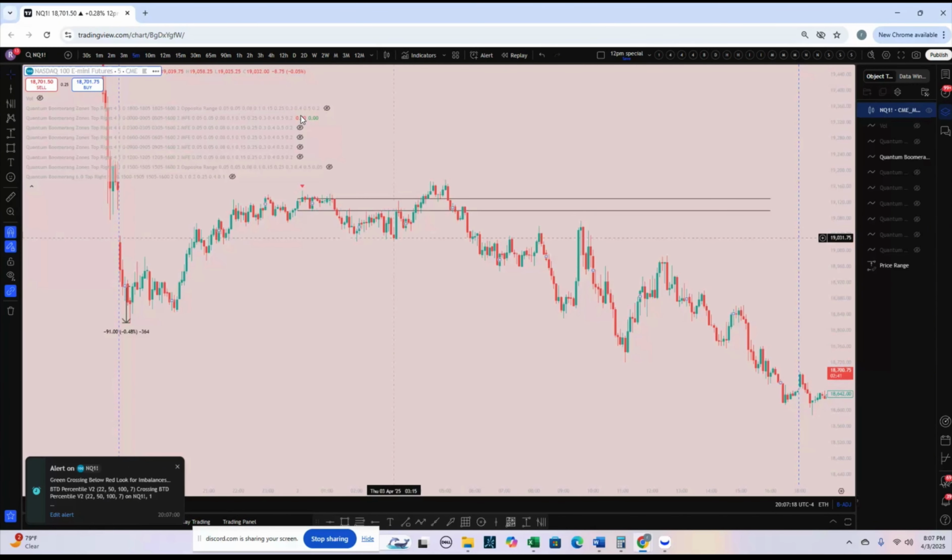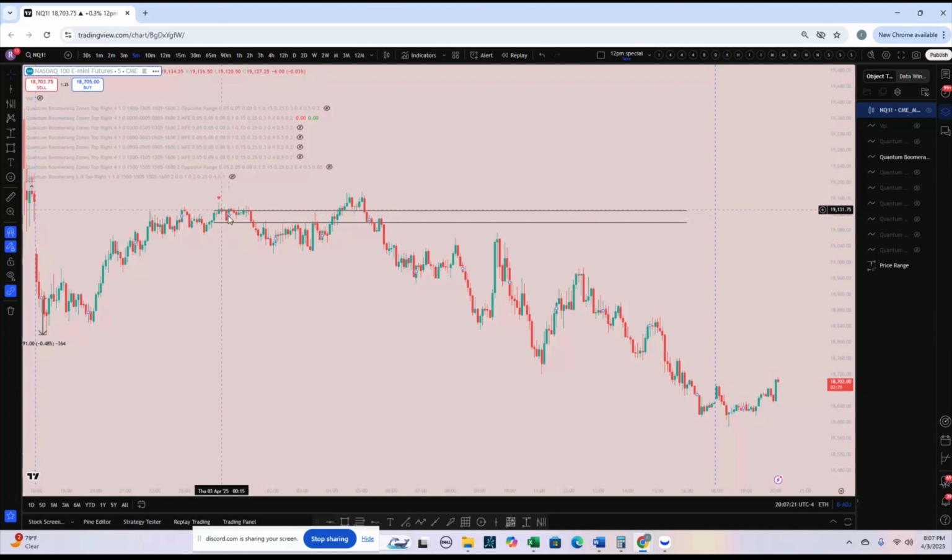Midnight, you see how midnight failed the first one? Midnight typically fails the first one. And what happens? Were we successful the second time? Yes. So we basically lost 33 points, but we gained 66 there, so we made our money back plus more.